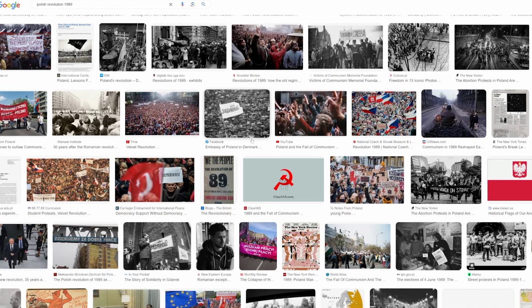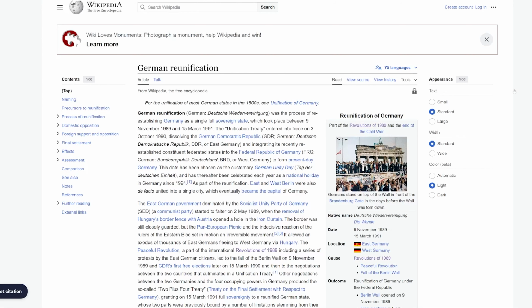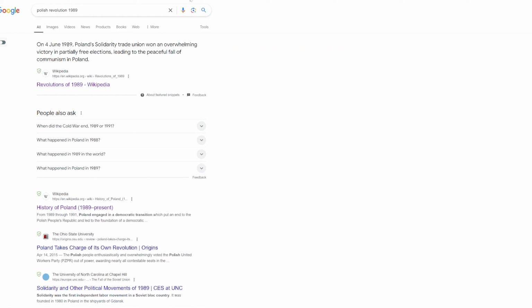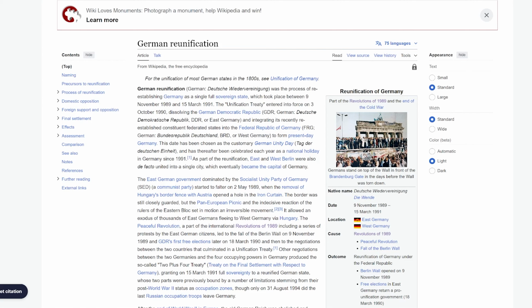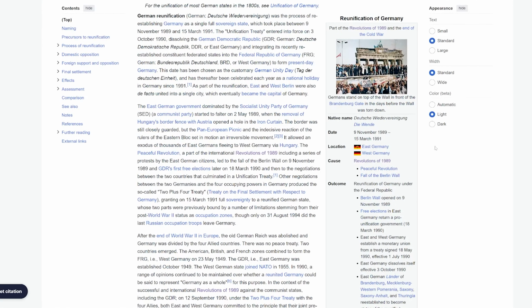And obviously this democratic overthrow in Poland is what directly caused the reunification of Germany only a couple of months later. So on the 4th of June, the Solidarity movement won the elections, and then only a couple of months later, the reunification of Germany happened.